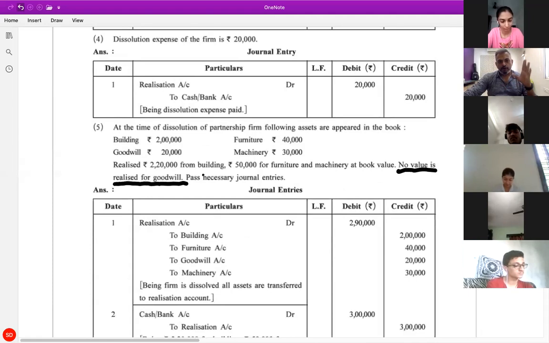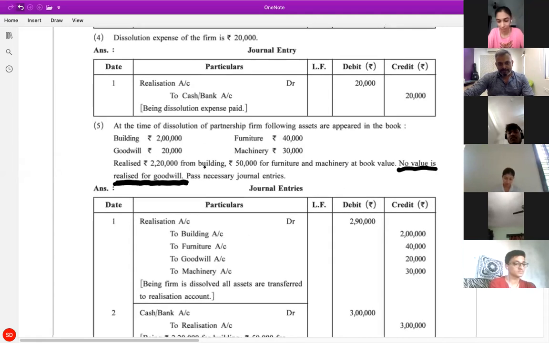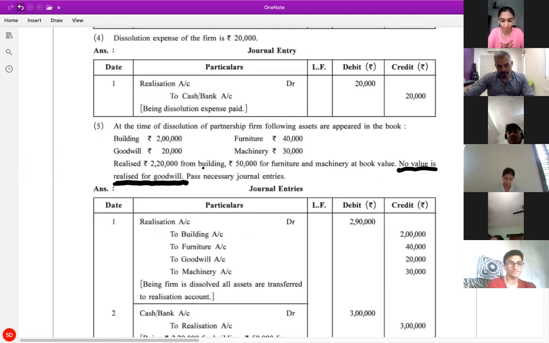Okay, this is the important point. You transfer all the assets to realization account, and from there, building you are realizing, furniture you are realizing, machinery you are realizing, but for goodwill, nothing is to be done. So you have to exclude goodwill when you pass the entry for realization of assets.